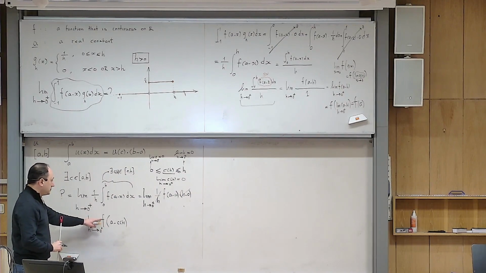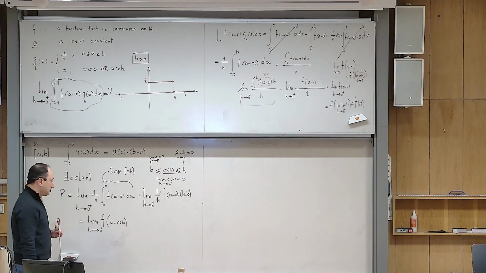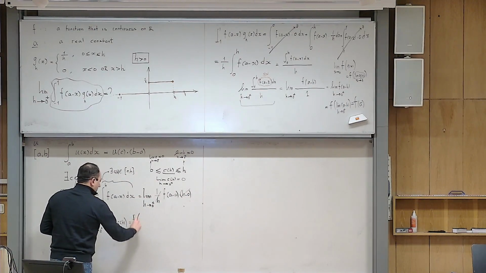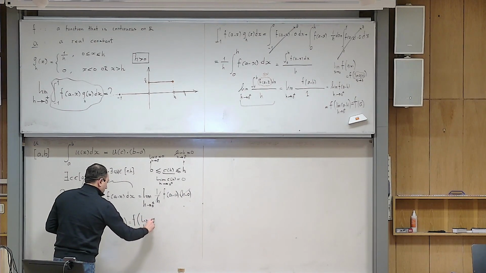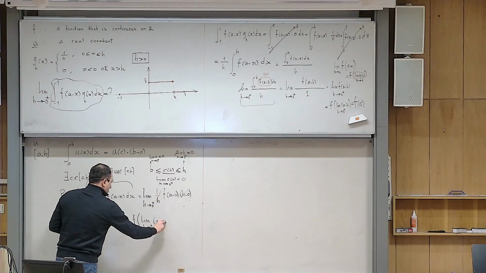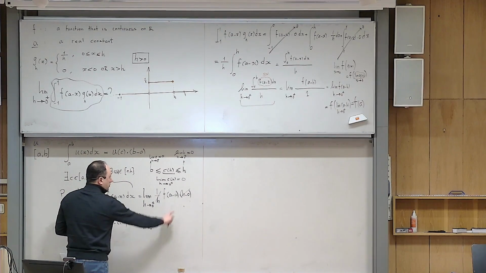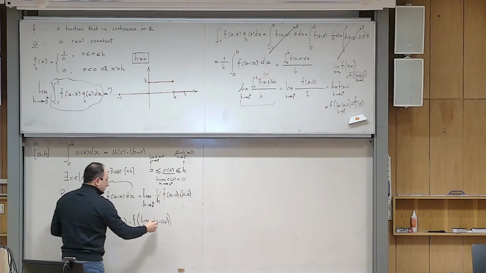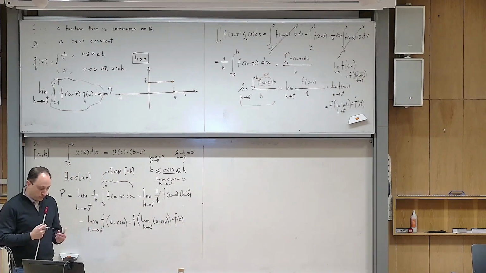And because the function f is continuous and the limit of this exists, this means that I can, according to what I mentioned, flip this limit in. But this is a constant. I showed that the limit of c of h is 0, so this is just a, and this is f of a. So that's also another way to solve that problem.